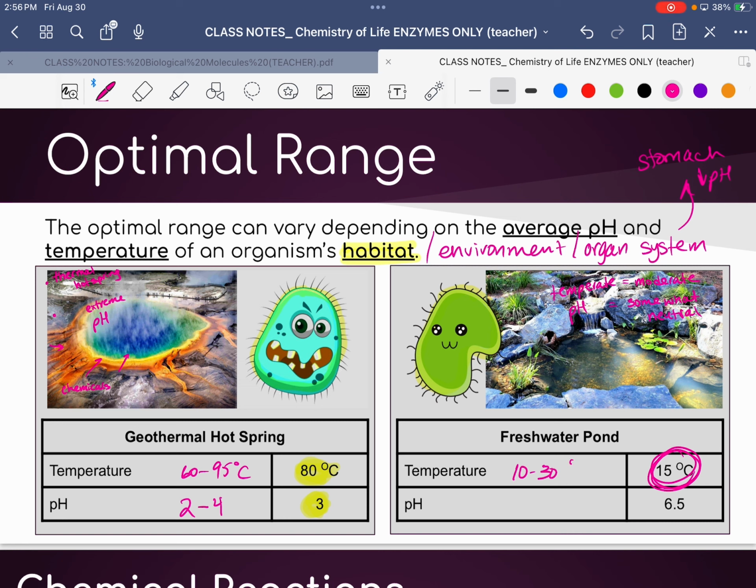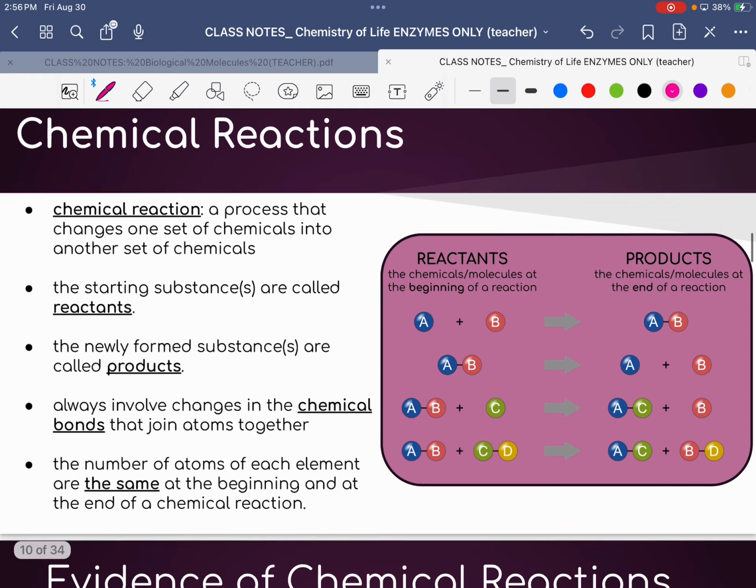And the optimal pH is going to be somewhere around 6.5, right? So maybe it's between 5 and 7, the optimal pH for this guy here. Maybe it's just slightly acidic. So there's going to be an optimal range here, and it's going to reflect the environment that you find them in.